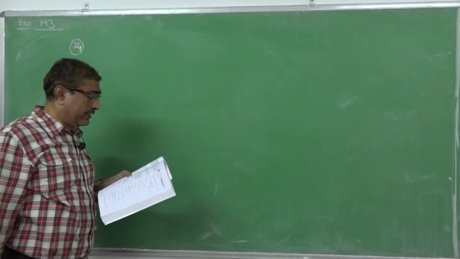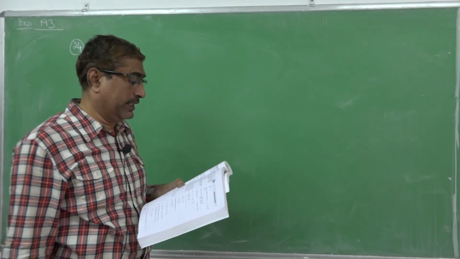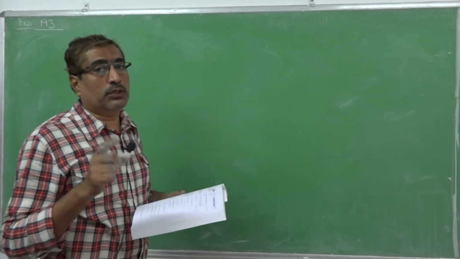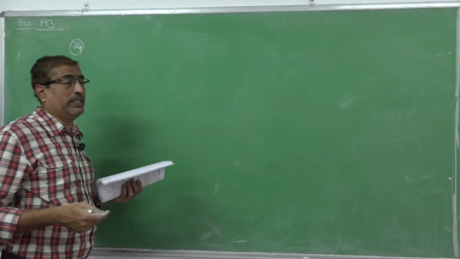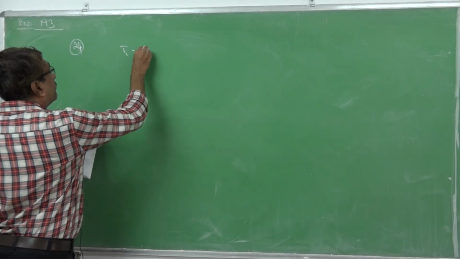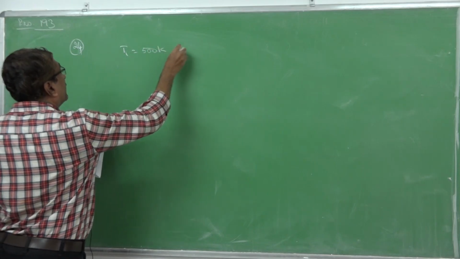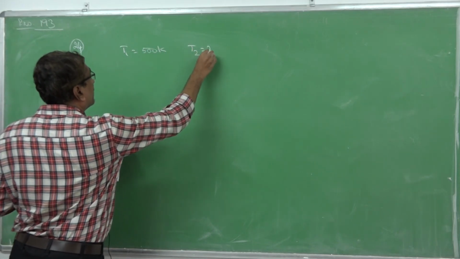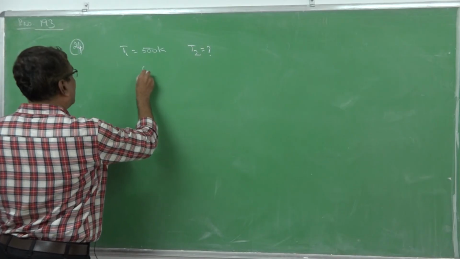It receives heat at 500 K, which means its source temperature is 500 K. So given T1 is equal to 500 K, calculate its sink temperature when its efficiency is 50%.